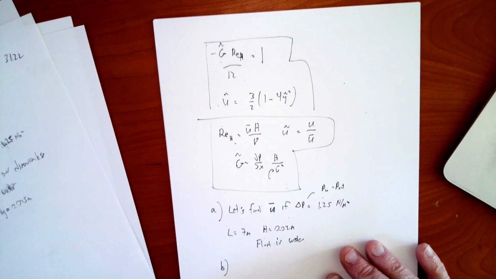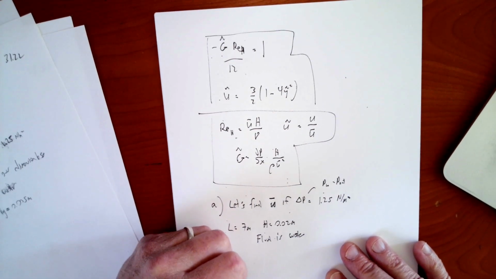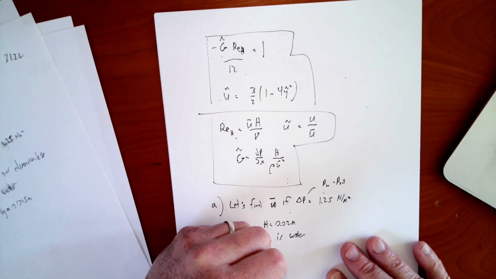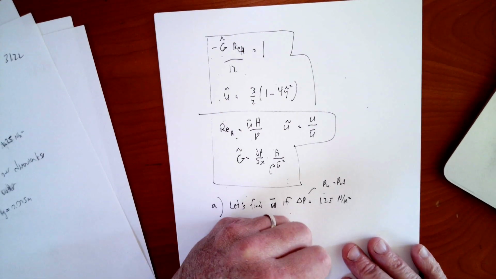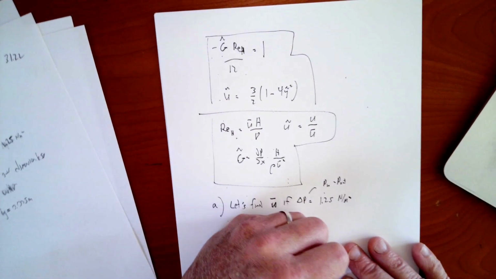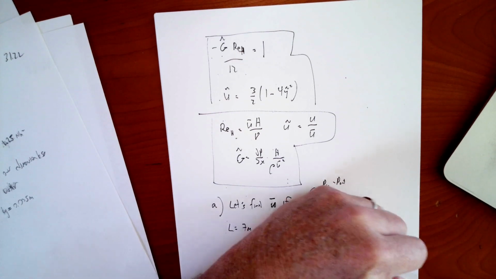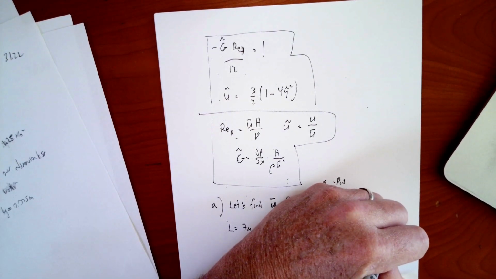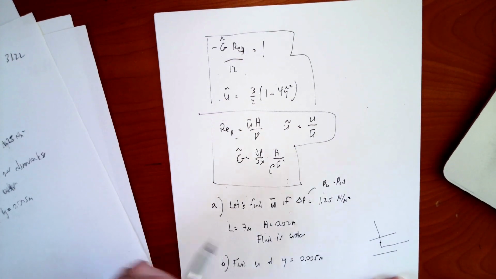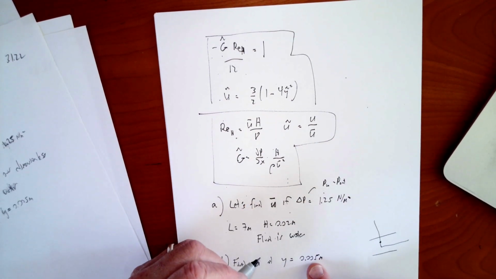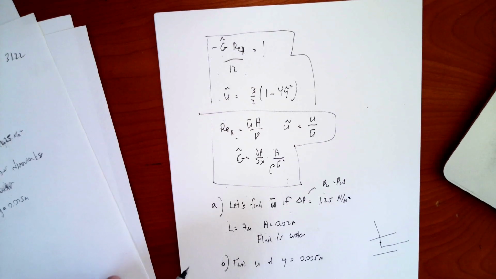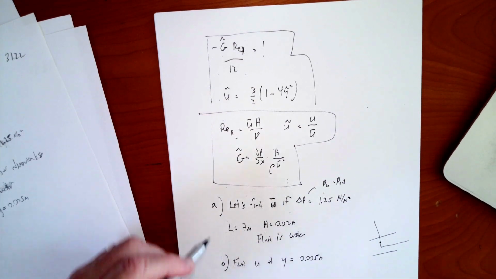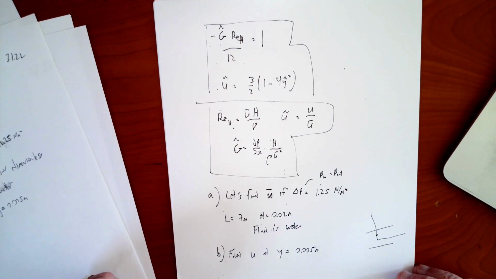After you've done that, I want you to find the actual velocity at a particular y position, 0.005 meters up in the channel. Remember that the x-axis is in the middle of the channel, so this would be halfway to the wall going upward. So it's 0.005 meters for that. That's your assignment as an example problem.